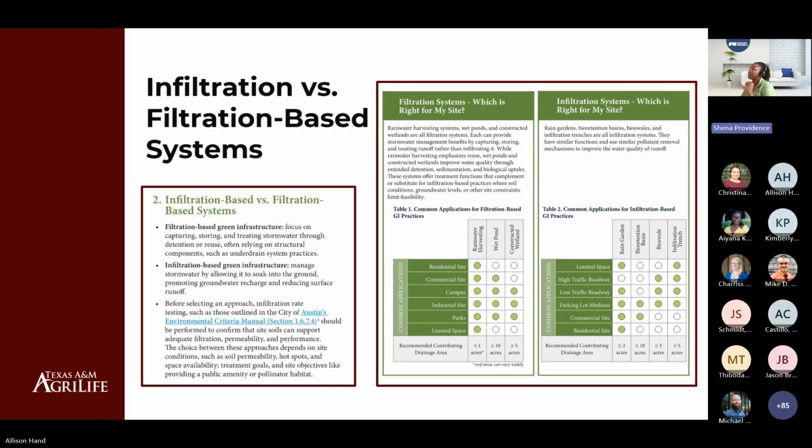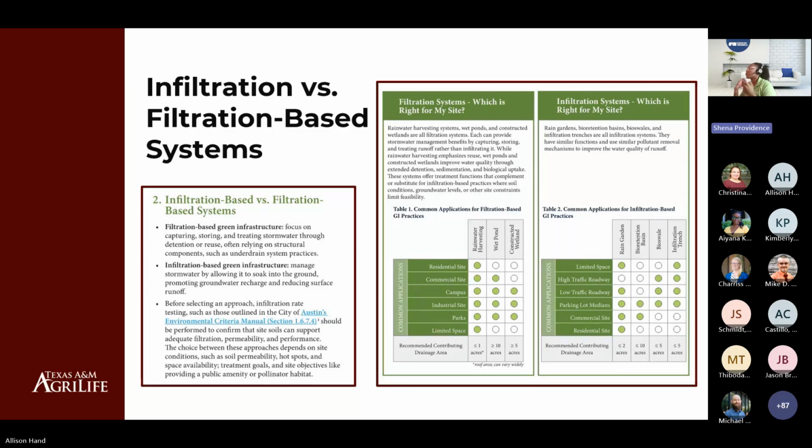A lot of these practices, such as rain gardens, bioretention, bioswales, and infiltration trenches, have similar functions and use pollutant removal mechanisms to improve runoff water quality and promote groundwater recharge. However, these systems can easily become filtration-based if the permeability isn't great.